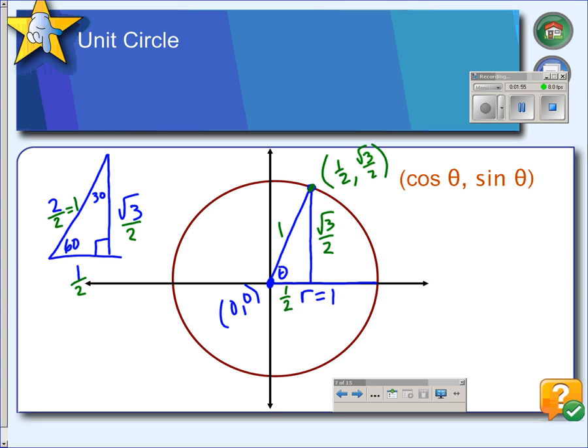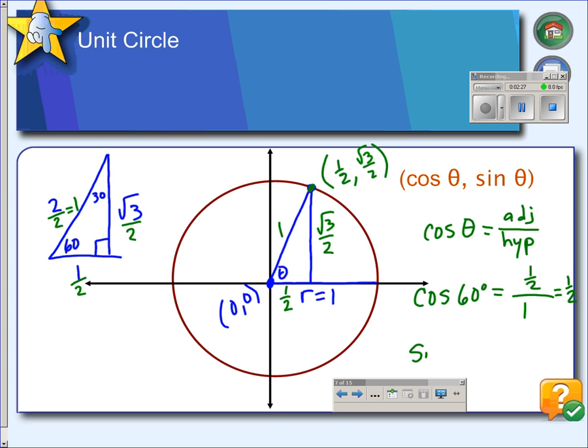If you remember also from geometry, to calculate a cosine of an angle, you do adjacent over hypotenuse. Looking at our unit circle, actually this is for a 60-degree angle specifically, the adjacent side is 1/2 and the hypotenuse is 1. So that gives us a cosine of 60 equal to 1/2.